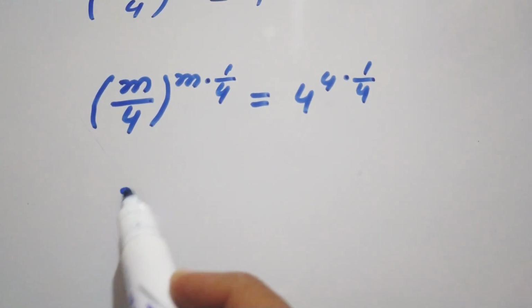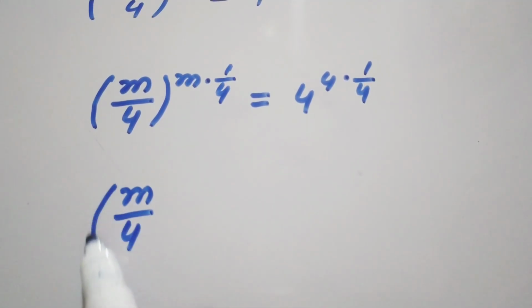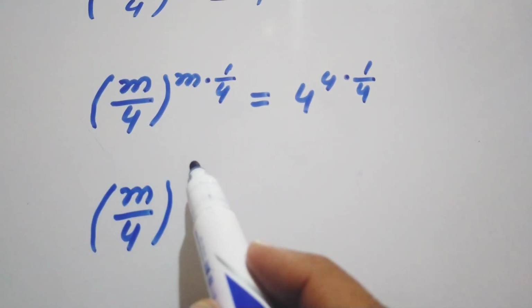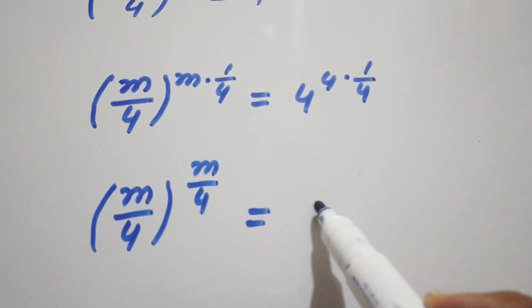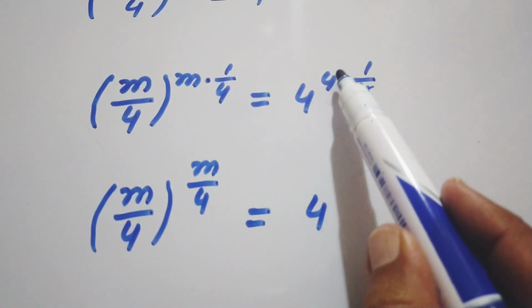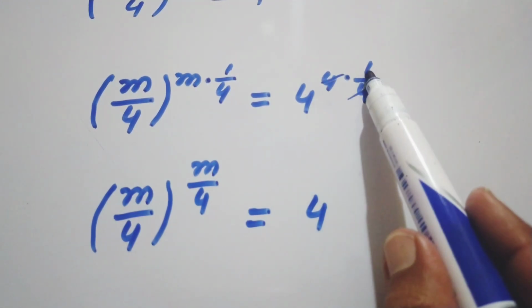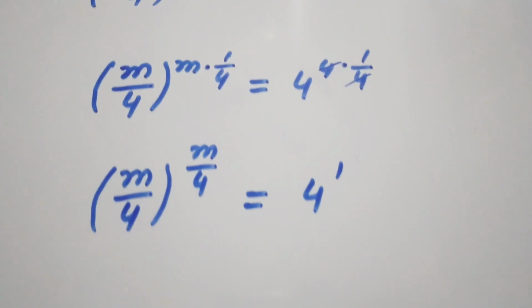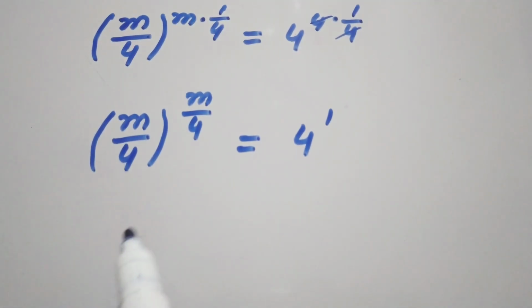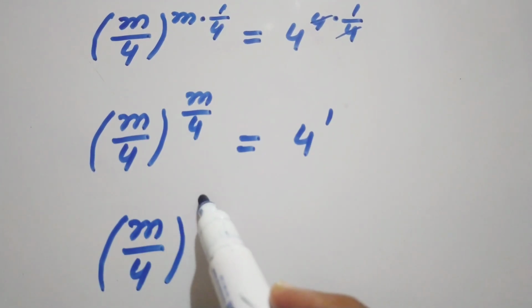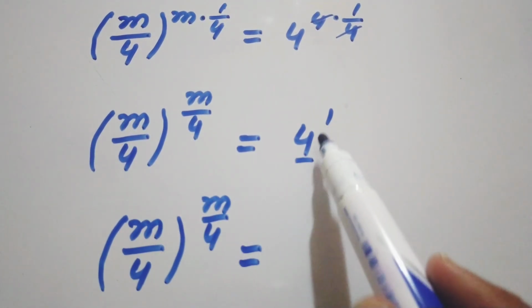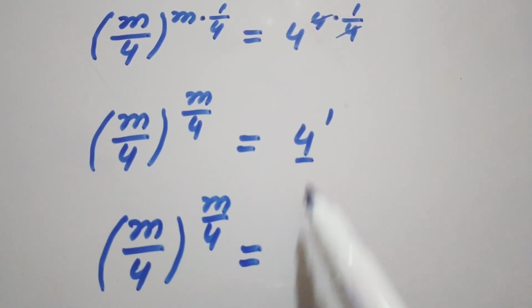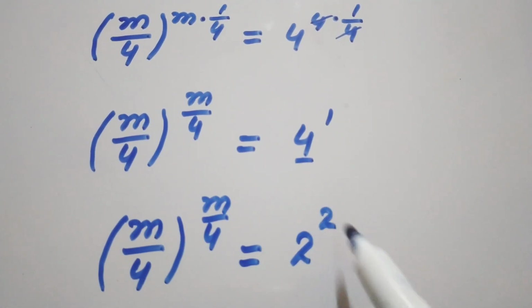So this will become m divided by 4 whole power m multiplied by 1, m divided by 4 multiplied by 1, which is 4, is equal to 4, and here 4 and 4 cancel out each other, here 1 will be left. So now this will become m divided by 4 whole power m divided by 4 is equal to 4 power 1, which is 4, and we can write this 4 as 2 squared.